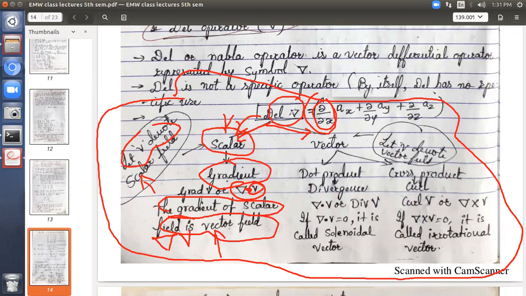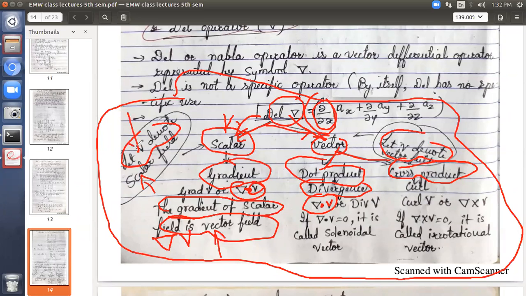Then if you apply the del operator on a vector, we know that in the case of vectors, we have two different possibilities of multiplication, dot product or cross product. So for a vector, if you use the del operator, either we can use a dot product or a cross product. If you're using the dot product, it is called divergence. So del dot V is applicable on a vector. Hence, V here is a vector field.